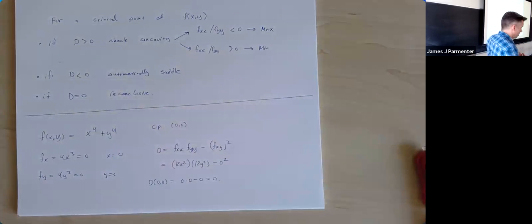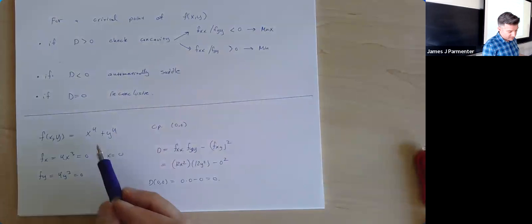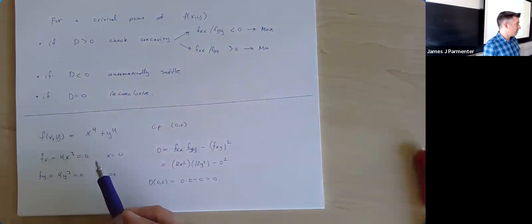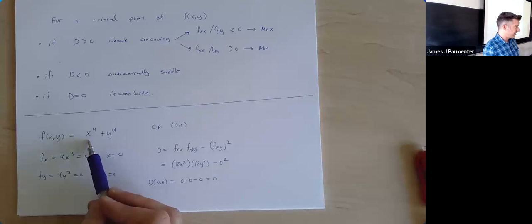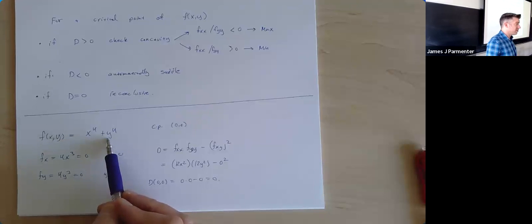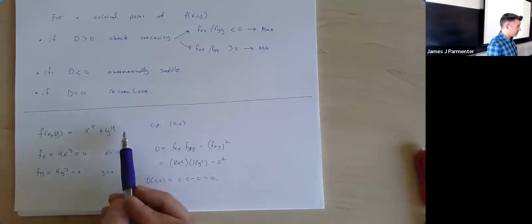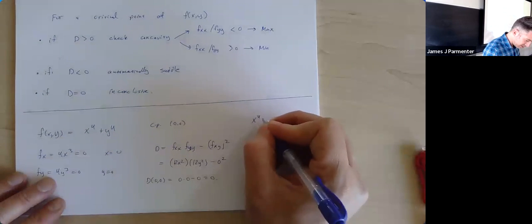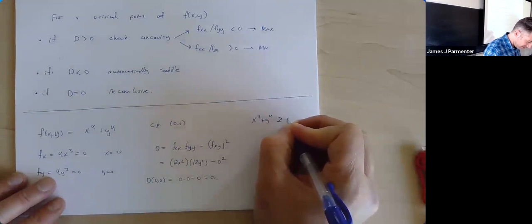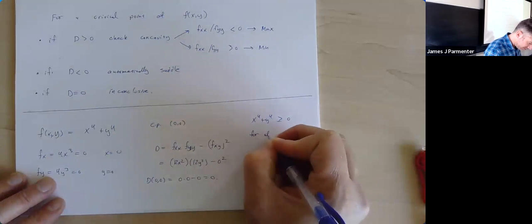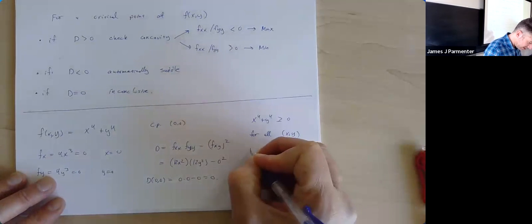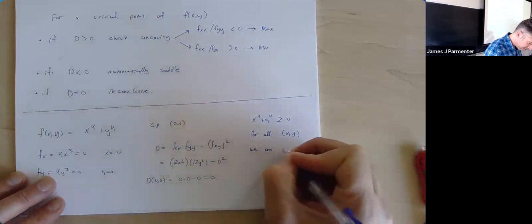However, I bet we could make a pretty convincing argument that (0, 0) is a relative minimum of this function. Because we know that x to the fourth plus y to the fourth is always greater than or equal to 0, because we have even powers here. So since x to the fourth plus y to the fourth is greater than or equal to 0 for all points, we can see that (0, 0) is a minimum.